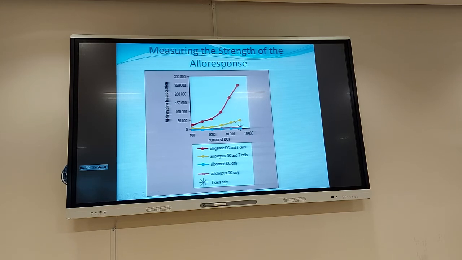A slight increase. Yeah. That's just one of the technical artifacts of this thing. Nothing is absolute. So even though you irradiate these cells, you don't essentially block proliferation in 100% of these cells. Okay, so it's just minor.